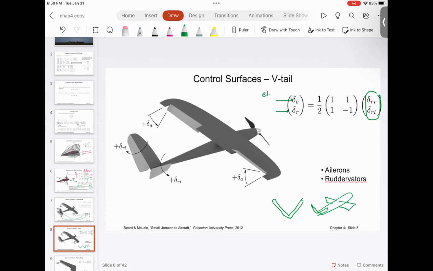So this is the elevator and this is rudder. When these V tail control surfaces are in sync, they act as the elevator. If they are out of sync, then they act as the rudder. And ailerons control the roll, and rudder elevators control the pitch and yaw.